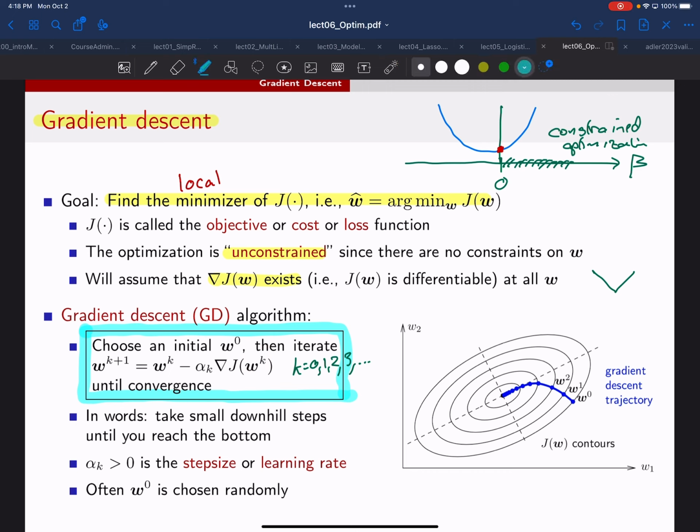This alpha k is a small positive number. It's called the step size or the learning rate. It tells you how far you travel.